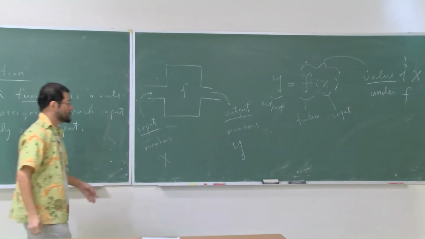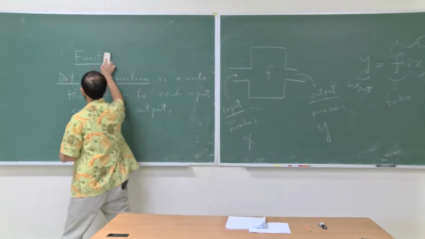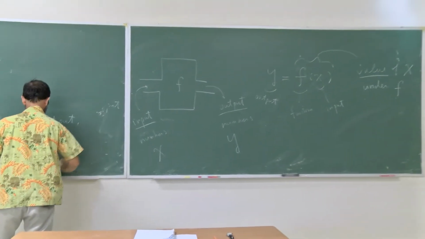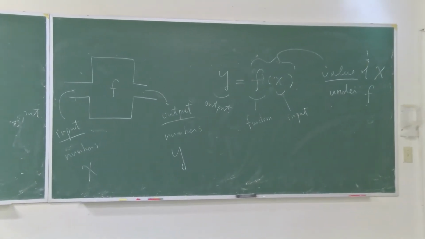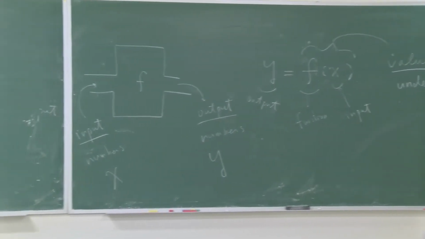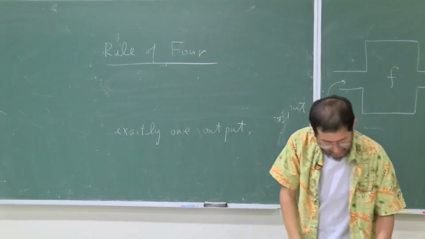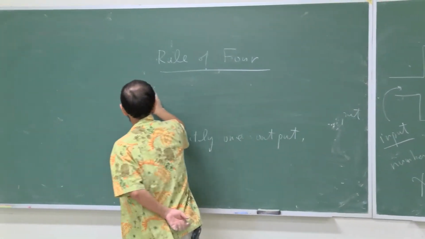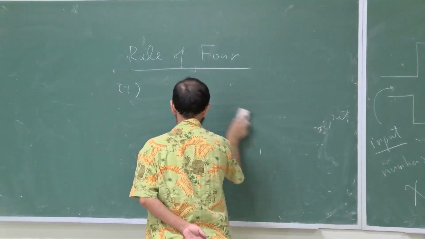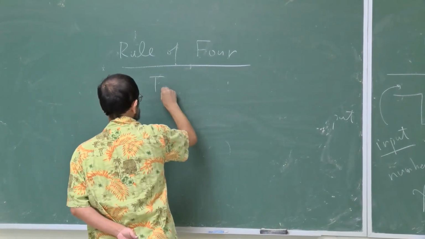It is called the rule of 4. The first one: you can describe this input-output correspondence by using a table.